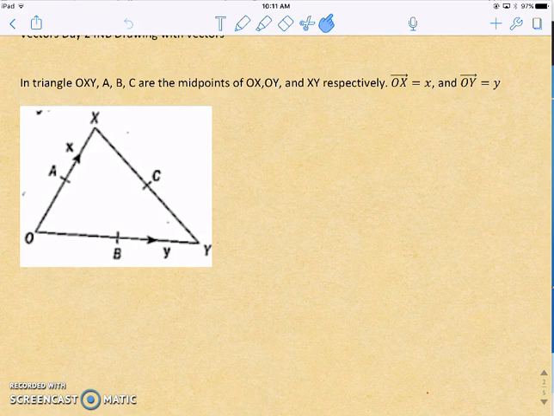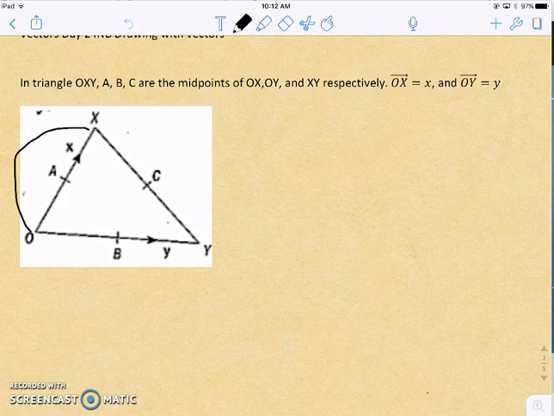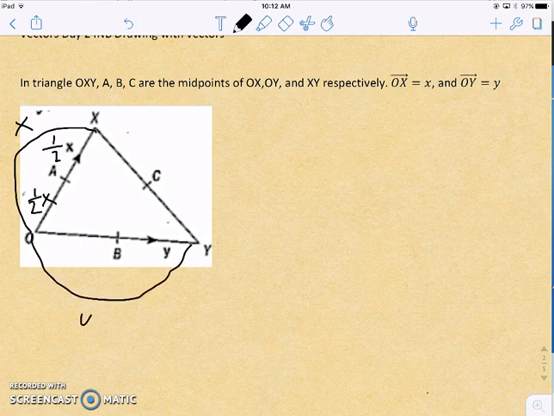A, B, and C are the midpoints, and OX equals X, and OY equals Y. Now, I don't like this because this X is right next to here, because really this whole thing is X. So I'm going to say, well, it's the midpoint, so that's half X and half X. And same thing down here, this whole thing is Y. So this would be half Y and half Y. I just get confused sometimes because that Y looks like it's the entire length.